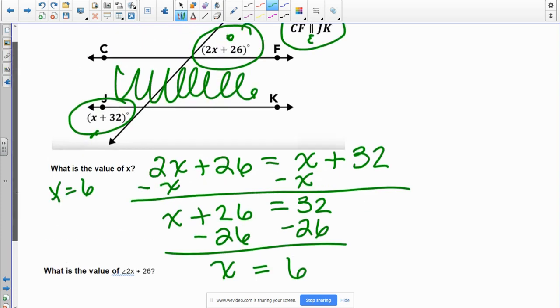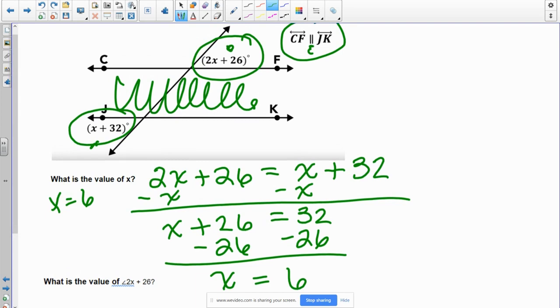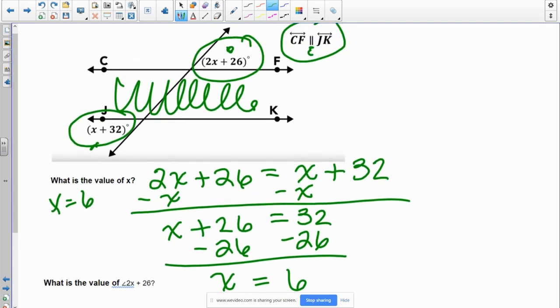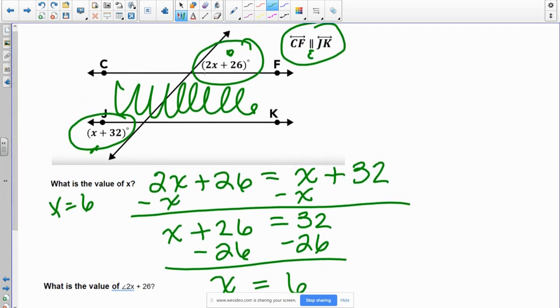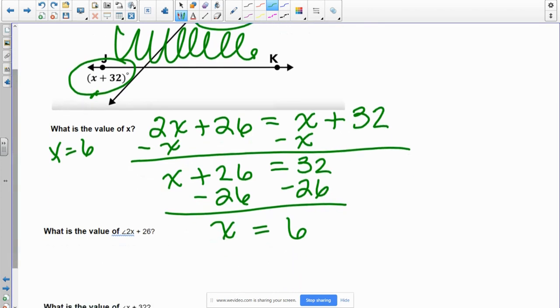So now, just like in the last two learning targets, we want to know how many degrees are the two angles. So we're going to look at this first top angle, which was represented by 2x plus 26, so this degree right here. Since I know x, I'm just going to plug in 6 for x. So 2 times 6 plus 26 degrees gives me a grand total of 38 degrees.